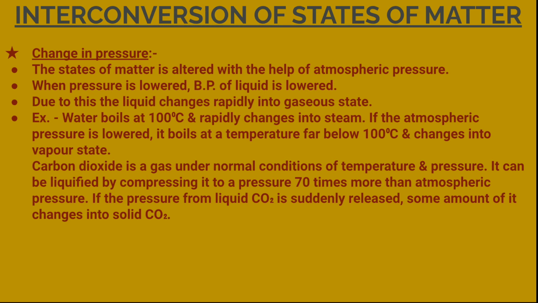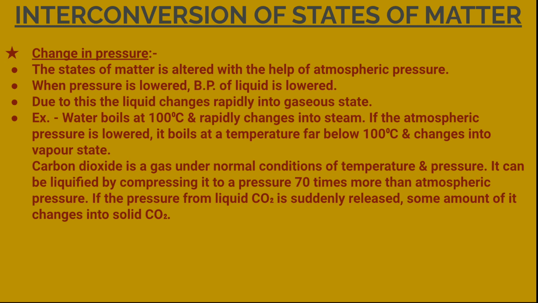When pressure is lowered, the boiling point of the liquid is lowered, and the liquid changes rapidly into gaseous state. For example, water boils at 100 degrees centigrade and rapidly changes into steam. If the atmospheric pressure is lowered, that is, when we go up in the hills, the atmospheric pressure is lower, so water will not boil at 100 degrees centigrade; it will boil at a temperature far below 100 degrees centigrade and change into vapor state.